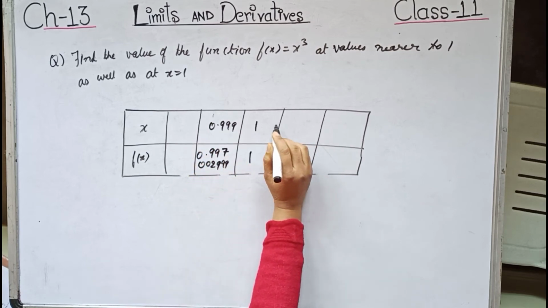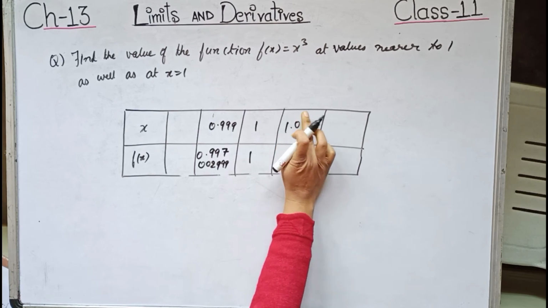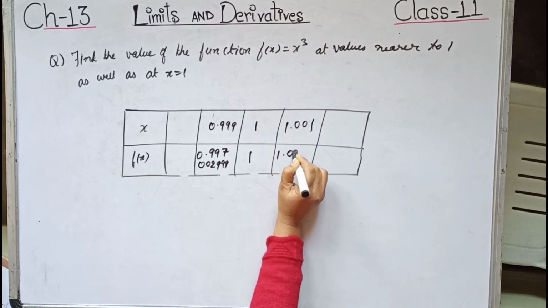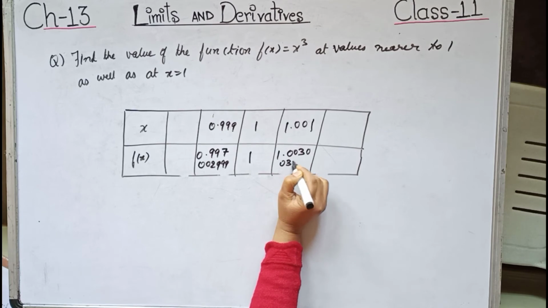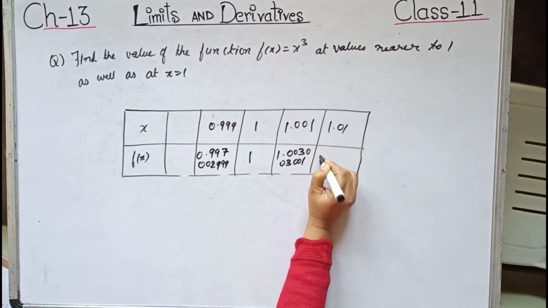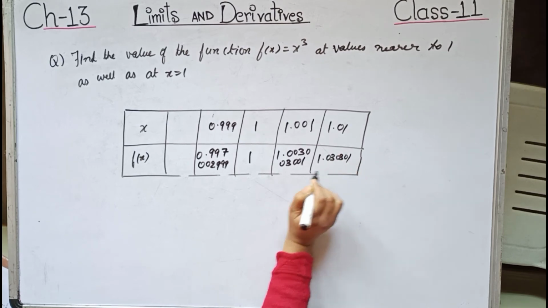Similarly, if we take a bit more than 1, that is over here 1.001, the value which will come is 1.003003001. A bit more, so it will be 1.030301.